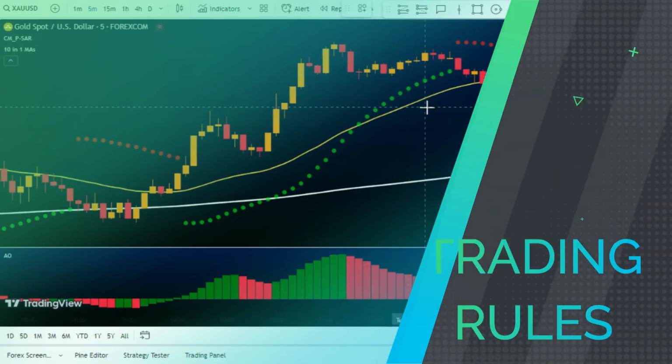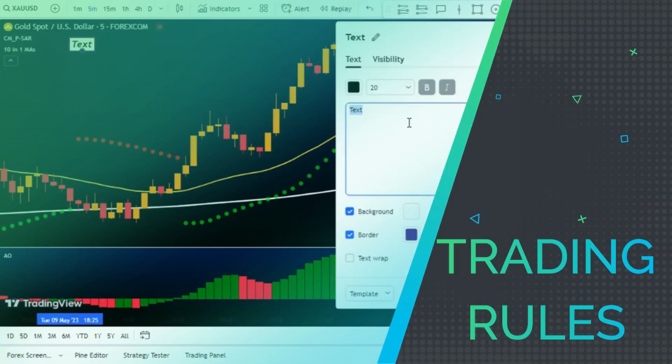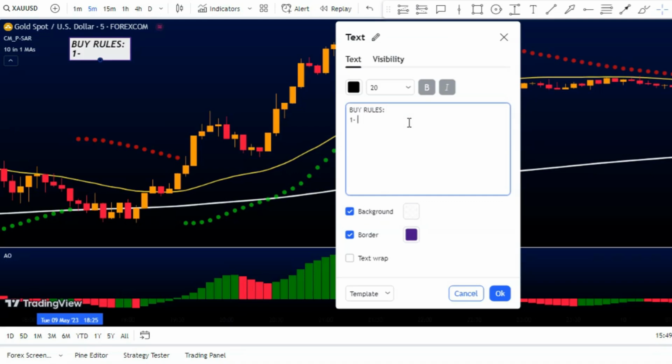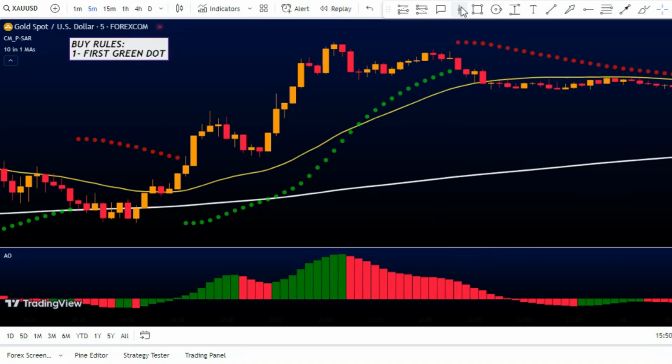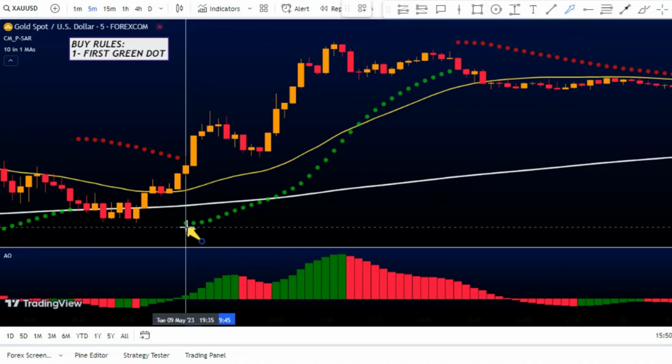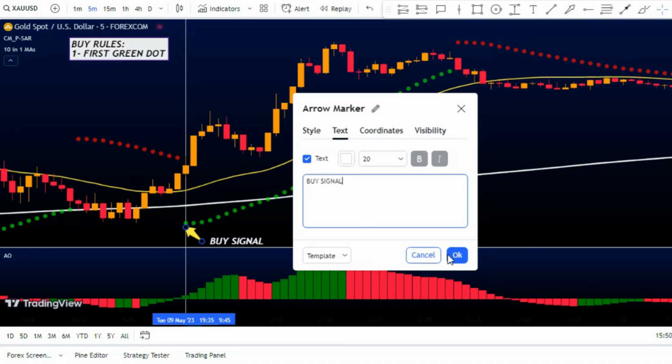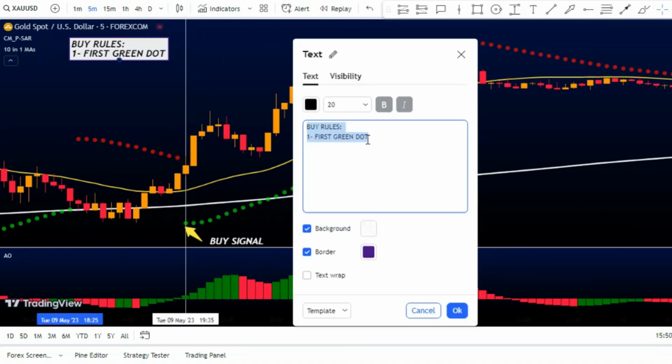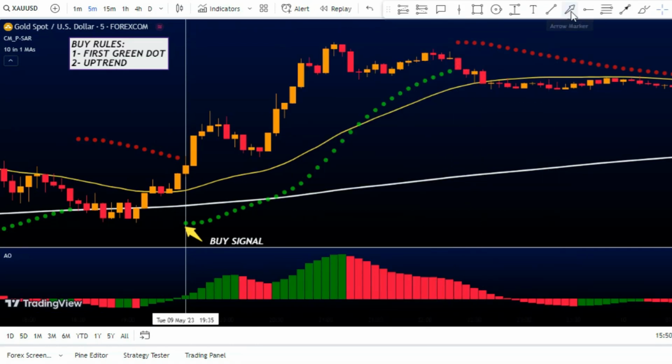Now we gotta review the trading rules. To enter a buy trade, first a buy signal gonna show up, meaning a green dot appears underneath the candle. Then the market gotta be uptrending, meaning the price is above both moving averages.